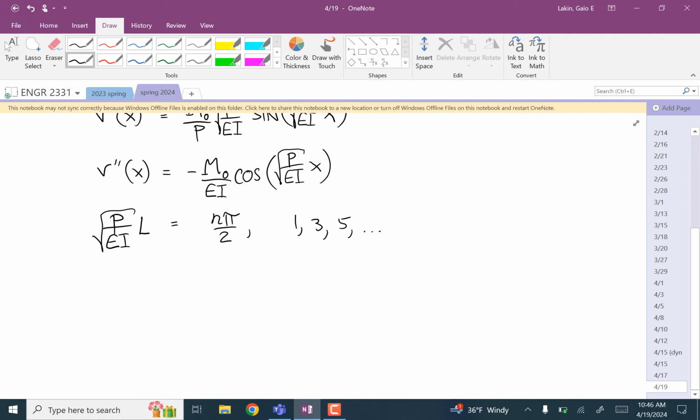And so now square both sides, you get P over EI times L squared is equal to n squared pi squared over 4, for n equal to 1, 3, 5.